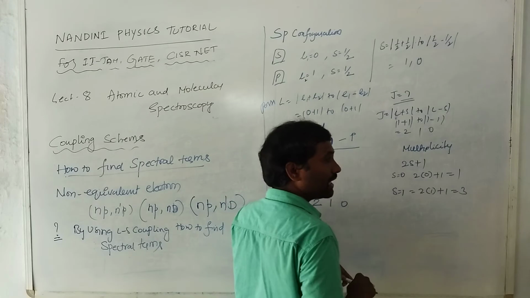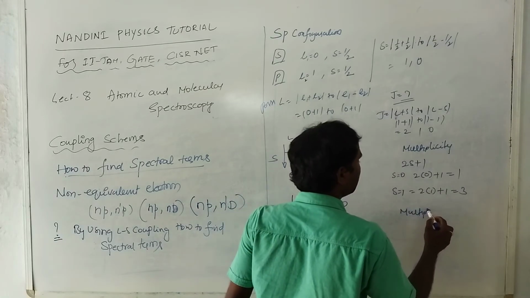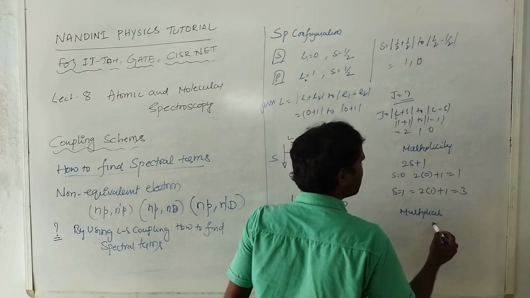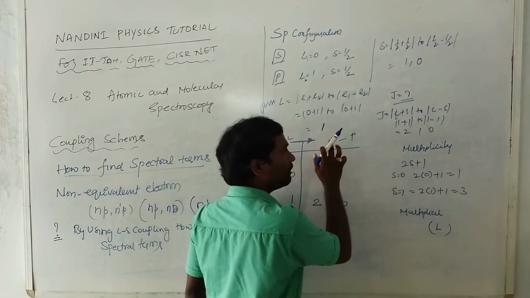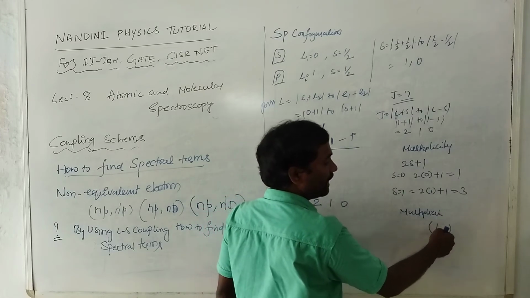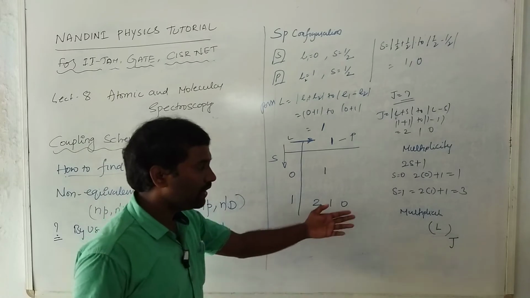So what is our spectral symbol? That is called the term symbol. The term symbol is nothing but the multiplicity, the angular momentum of the state, and the total angular momentum J. So this is the spectral symbol.